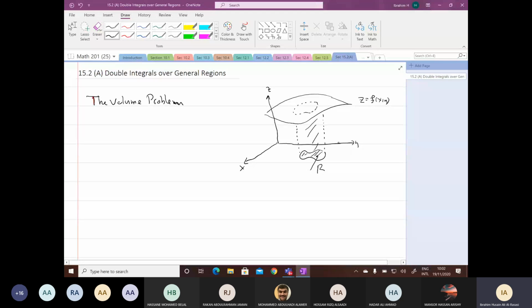So I need to find the volume of this solid here. The answer was given as follows: volume equals the double integral over R of f(x, y), the equation of the surface, dA. So this is the solution of the volume problem.